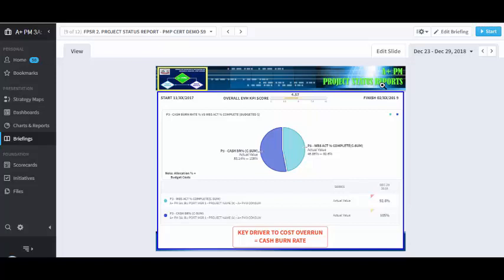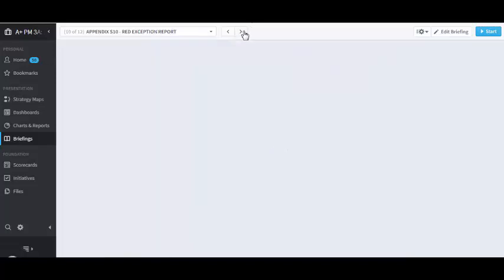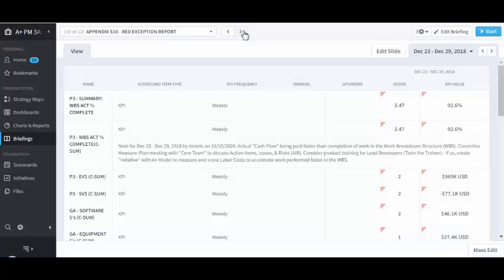So, in summary, if you manage your project in relationship to the KPI metrics that are red and the KPI metrics that are yellow, you can automatically customize an exception report where you can pull those metrics, all associated with Project 3, into a report for review and corrective measures at any given point in time.